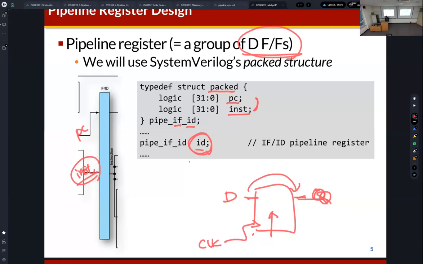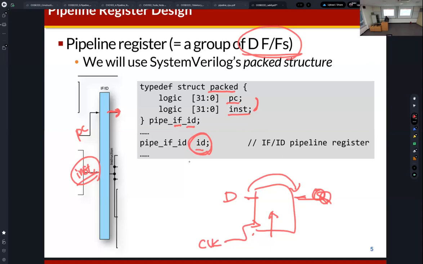So the output of this pipeline register is the signals in the ID stage, right? Like this is the output of the pipeline register.